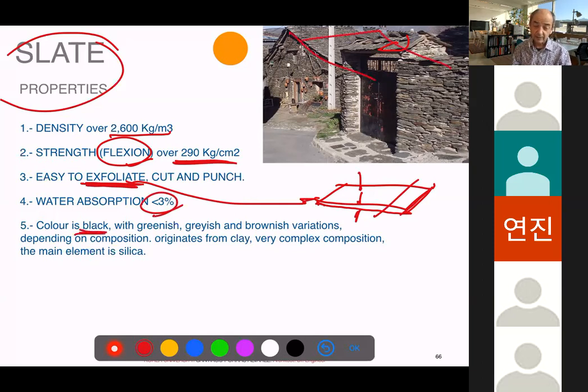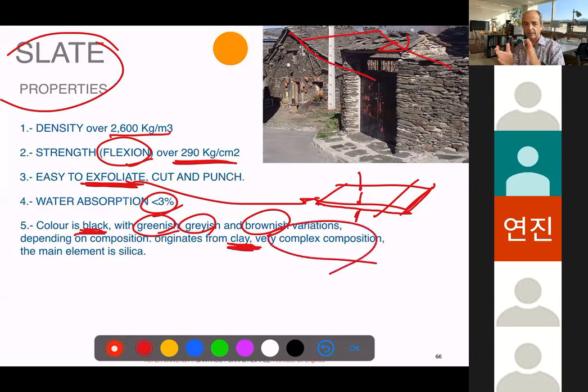Usually it's black, but you may have varieties of green, gray, or brown, depending on the composition. And the origin is clay. Clay is the material we use for pottery, and clay is very complex. There are many varieties, and when that clay crystallizes, it becomes many kinds of slate.